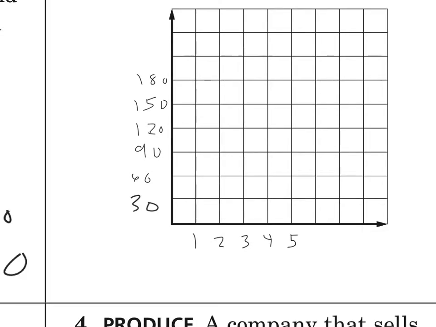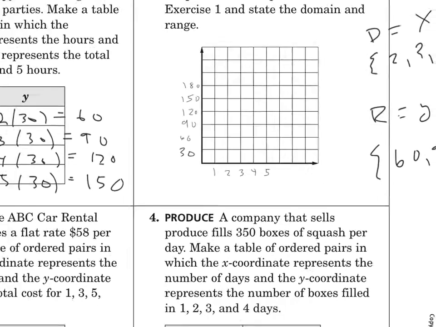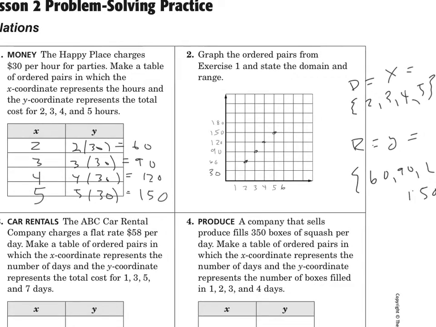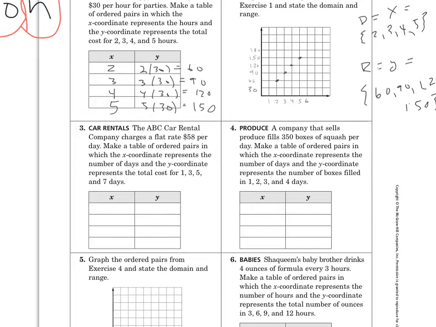But we want to add 1 hour. But, well, we're starting at 2 hours. So at 2 hours, we're paying $60. At 3 hours, 90. At 4 hours, 120. And at 5 hours, we're at 150. So this would be our graph for problem number 2.